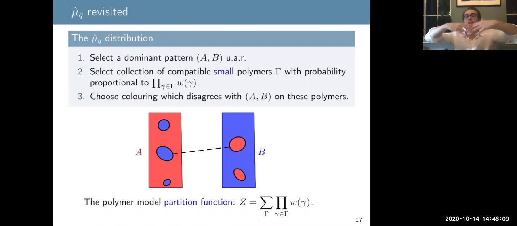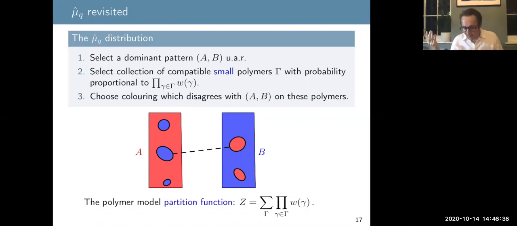So even though the Q coloring itself is highly structured, is really globally following this pattern, the defects are incredibly unstructured. These defects are essentially independent of each other. And that's why we can understand this distribution so well. So this was the kind of flipping on its head that I was talking about earlier. Let's understand the defects rather than the global coloring itself.